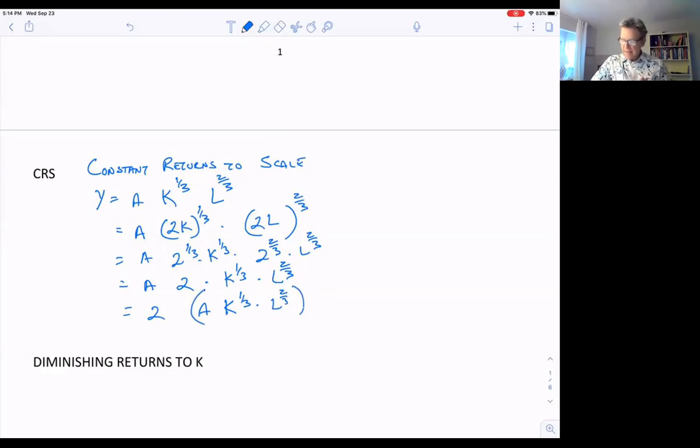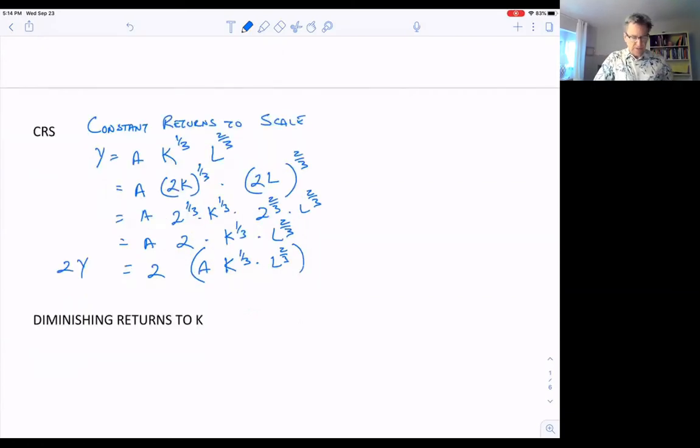Now remember, A times K to the 1/3 times L to the 2/3 is Y. And 2 times that would have to be 2Y. So here's the proof: we double capital, we double labor, doubling all inputs, and we get double the output. And we can easily check for that by just adding up the exponents in this production function, the 1/3 and the 2/3, and it equals 1.